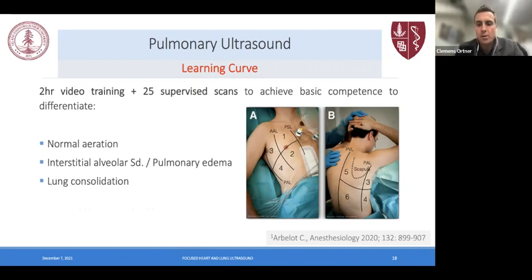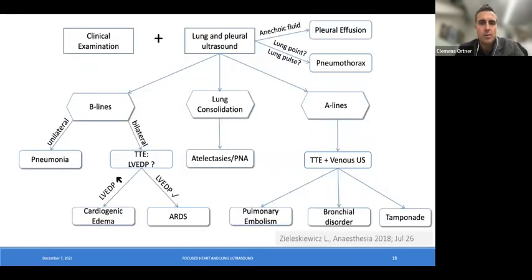In a study published last year in Anesthesiology, it took 2 hours of video training and 25 supervised scans for novices to achieve basic competence to differentiate between normal aerated lungs versus interstitial alveolar syndrome, or to identify a lung consolidation. So again, a take-home message: lung ultrasound is much easier to learn than cardiac ultrasound.